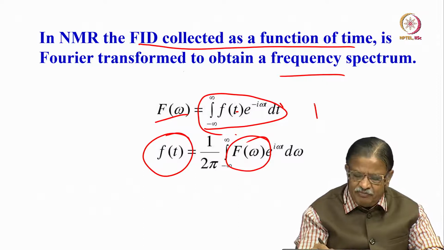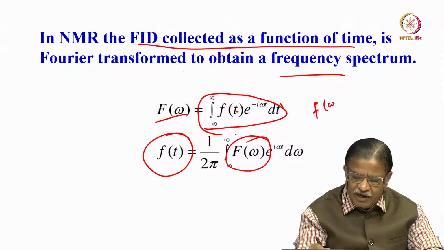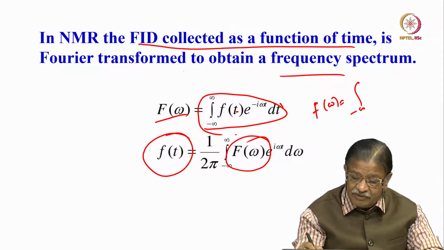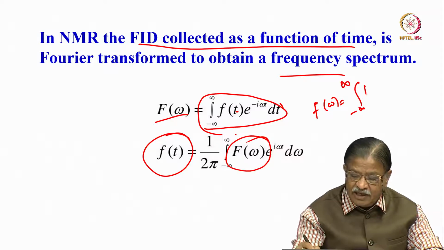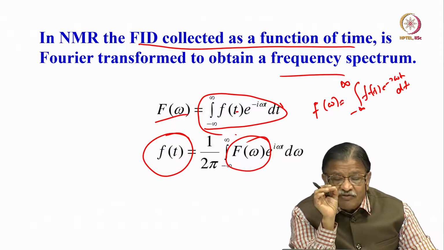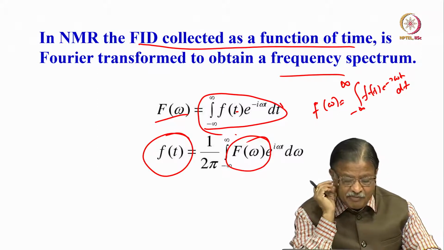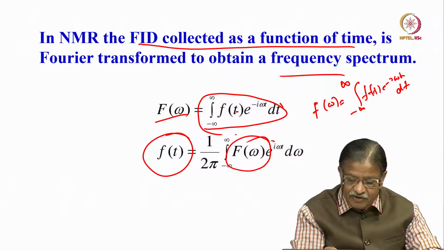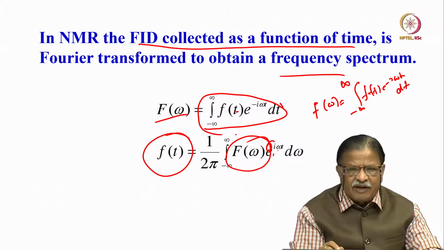This is the equation: F of omega is equal to the integral from minus infinity to plus infinity of f of t e to the power of minus i omega t dt. This is a famous, important equation for Fourier transformation of the time domain in NMR. Remember that. Of course, the inverse of that, where you remove the negative sign, is e to the power of plus i omega t.